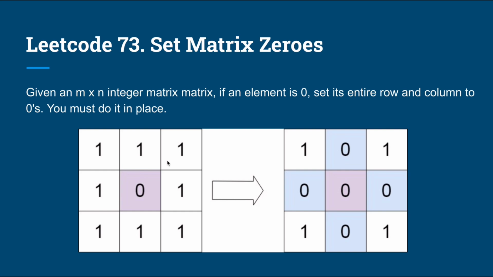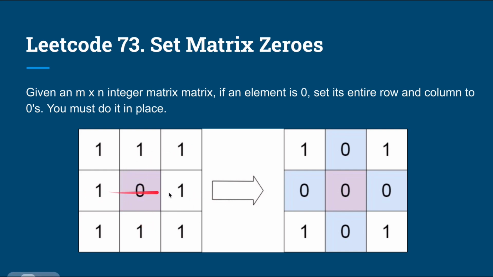But at least you should have a clear understanding of the brute force approach, either using extra space or not. So there will be two arrays, one tracking zero rows and the other tracking zero columns, right?